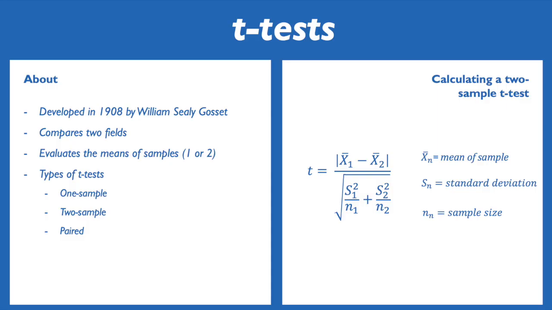So as you can see on the right, we are going to take the average of both groups separately and subtract them on the numerator. That's going to be the x's up top. And we're going to take the absolute value of this number to get the difference between the group means, and that is going to be our numerator.